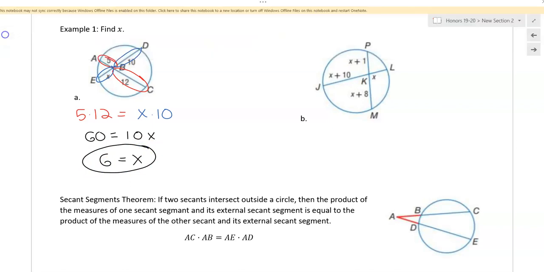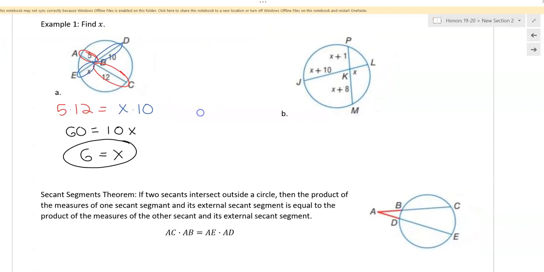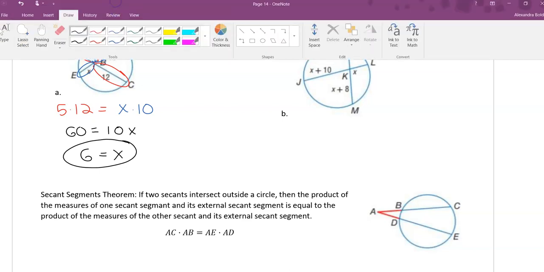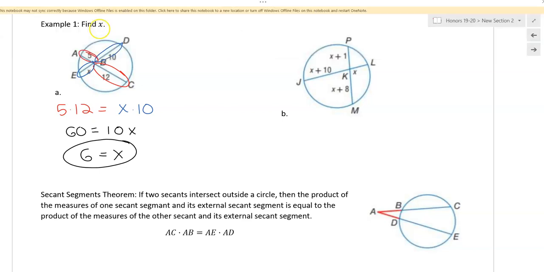Alright, same type of thing for B, but now we have expressions instead of just a number and an x. So again, same type of thing though. I'm going to do this piece times this piece, which is x plus 1 times x plus 8.